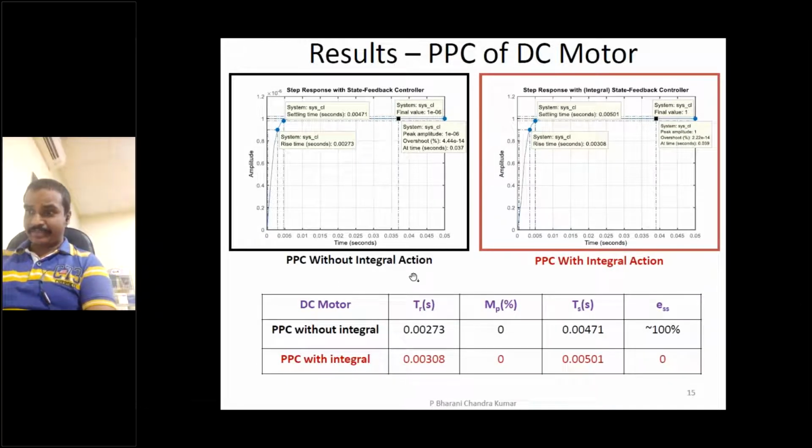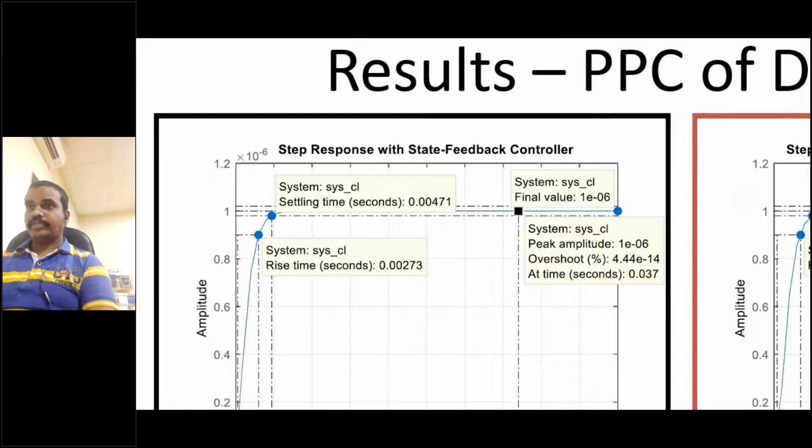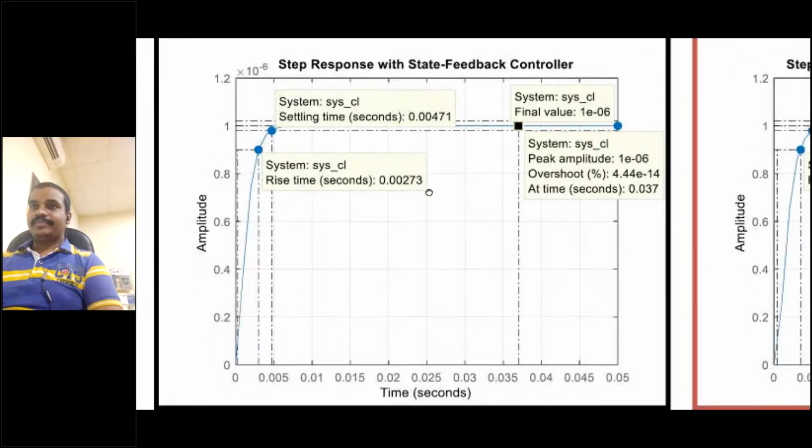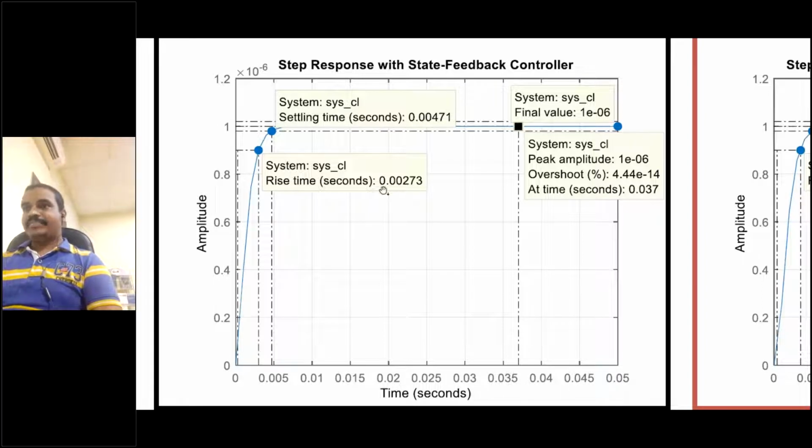The important things to observe here is when I'm using the state feedback pole placement controller without the integral action, you can see that the settling time is very good. The rise time is very good, very fast. Overshoot, this E means 10 to the power of minus. So when I say E to the power of minus 14, it means 4.44 into 10 to the power of minus 14. This 1E minus 6 means 1 into 10 to the power of minus 6.